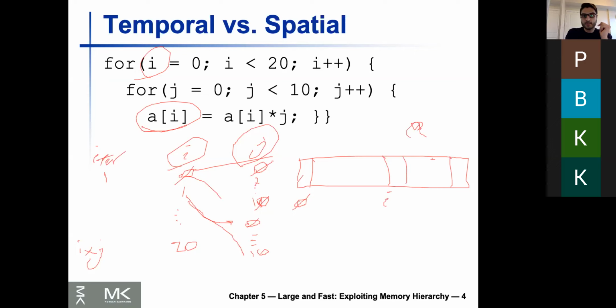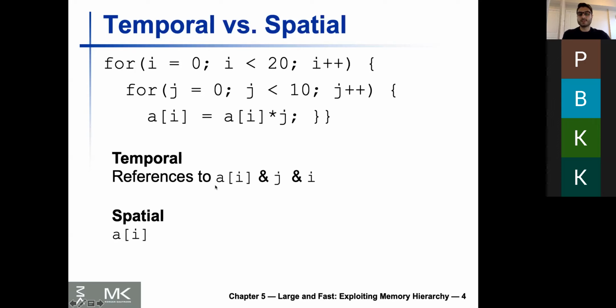So those are part of the temporal locality principle. In this example, we had both cases. I, J, and A of I were referenced more often recently. And for the spatial one, we were accessing the contiguous elements of A, because A has multiple elements inside.